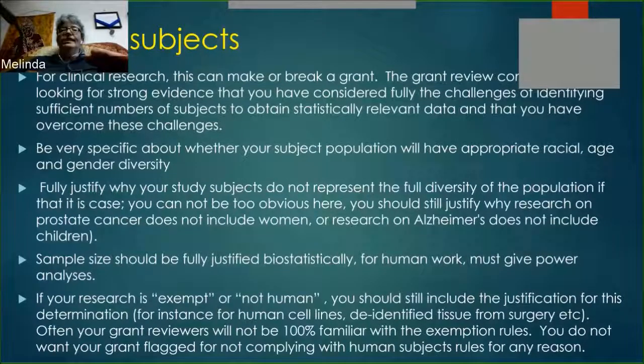You could be using waste surgical tissue that's de-identified. That is non-human research, but your grant reviewer may not know that. So you should spell it out and explain why it's exempt or not human under those circumstances. These are things that could absolutely kill a grant if it's not done right.